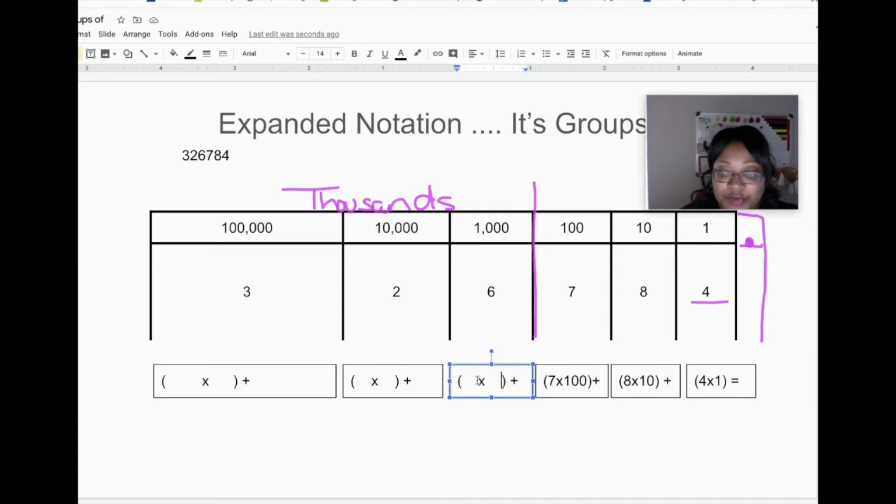So how many groups do we have, guys? 6. Groups of, what's the place value? 1,000. You guys are awesome. 6 groups of 1,000.